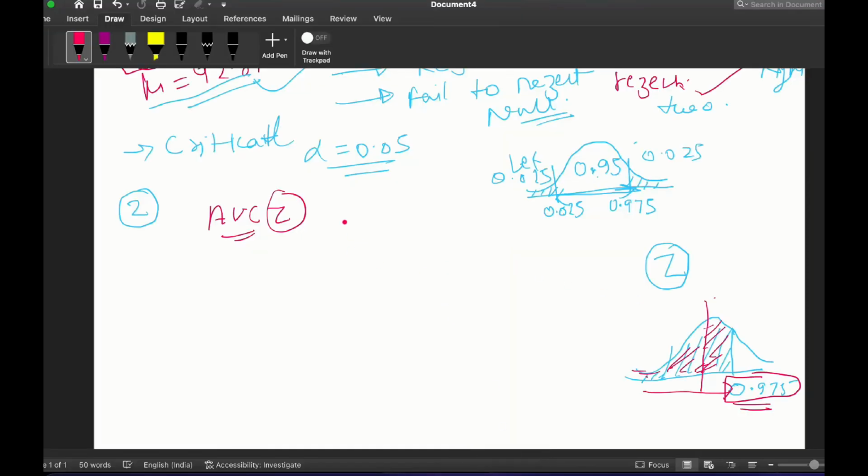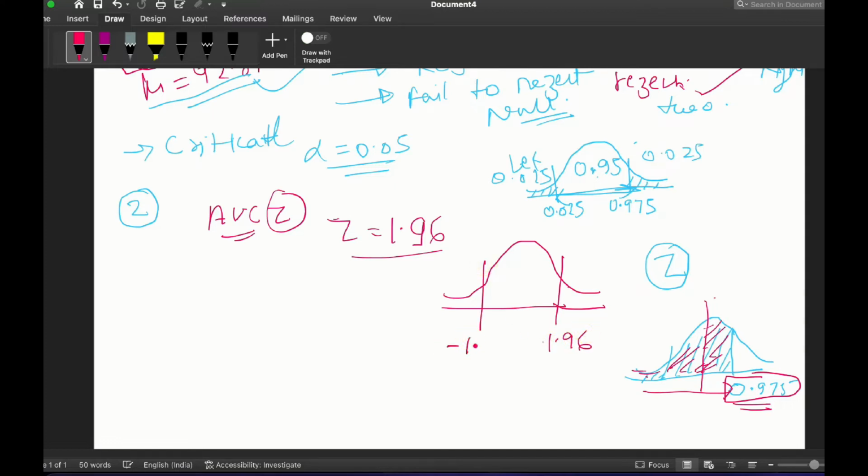So we have seen the z value equal to 1.96. So what does it mean? That this is 1.96 and this side also it will be 1.96. It will be the same. If you want to check, as I told you, it will be the area from the left.